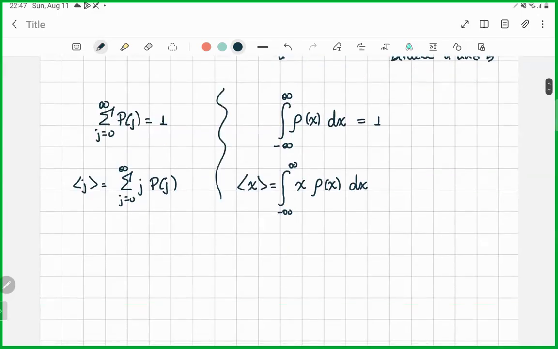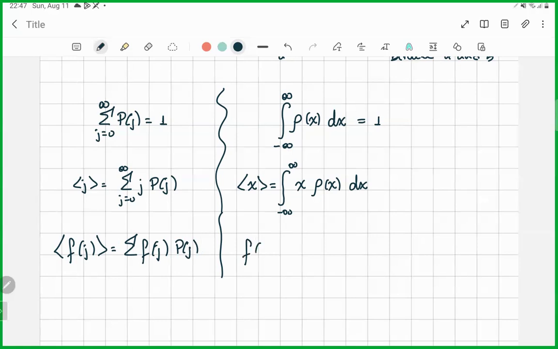Continuing, we said, well, this is the mean of j, but we can compute the mean of any function of j, like this. Same story now for the continuous variable. The mean of any function of that variable will be obtained by solving this integral.